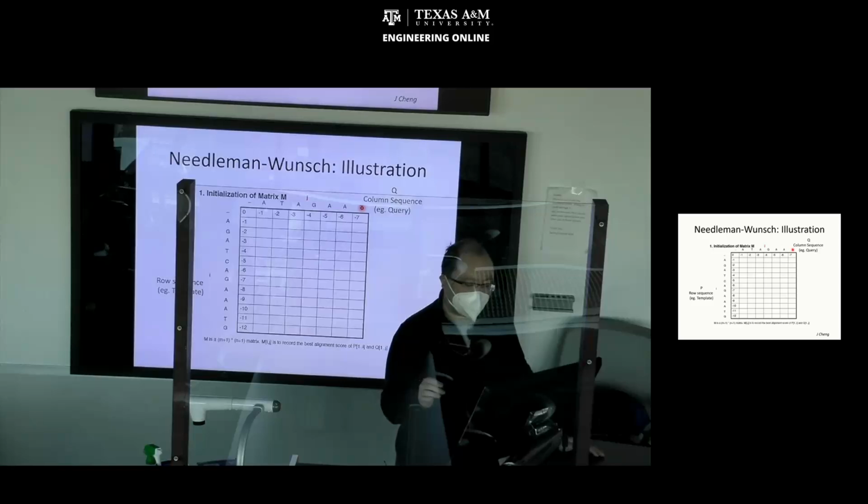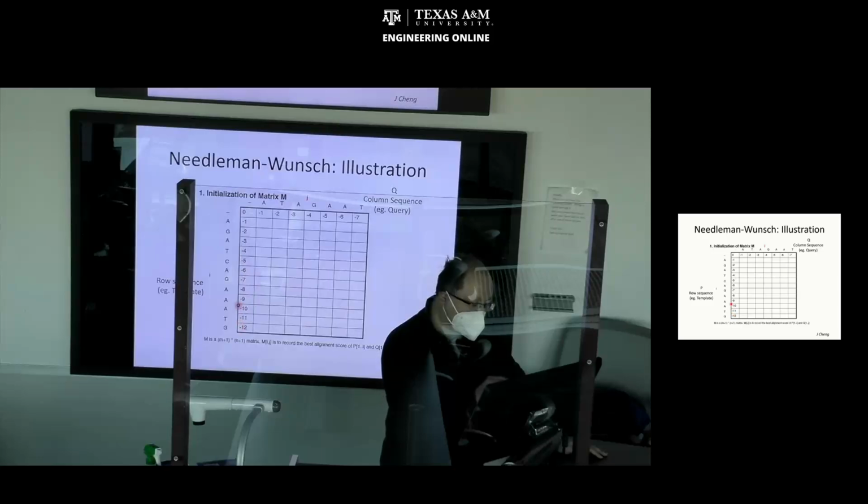Because you keep having these gaps aligned to the characters. And similarly here, okay? The difference is that now the characters of P are aligned to the gaps of Q. So Q relative to P is deletion, right? So here you have insertion, you have deletion, right?